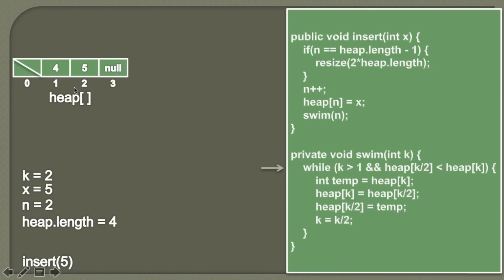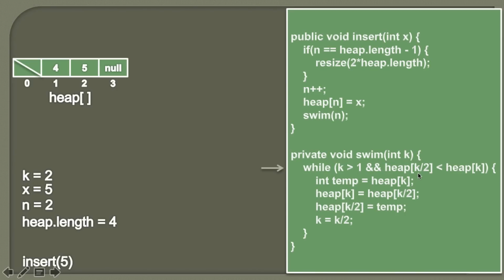Now friends, here you can see, as we discussed in our previous tutorial, that 4 is at the root and one of its children, the left child, is 5. As we have inserted 5, in the while loop we'll check whether the value of k is greater than 1 or not. Here k is greater than 1 because the value of k is 2.